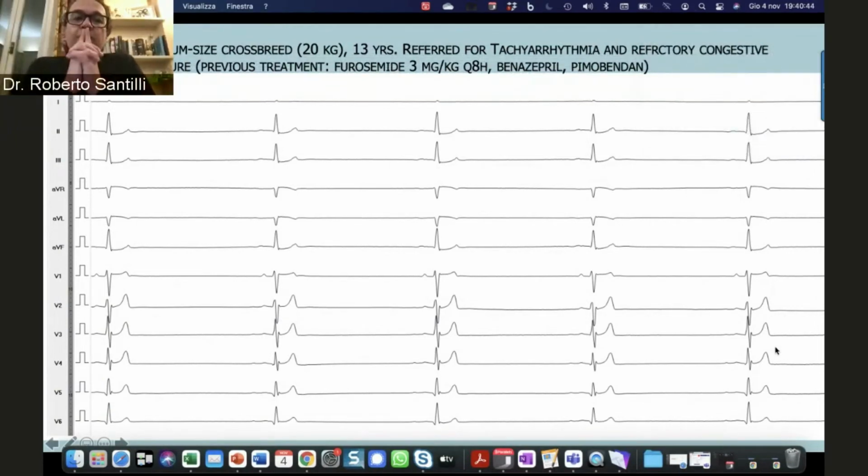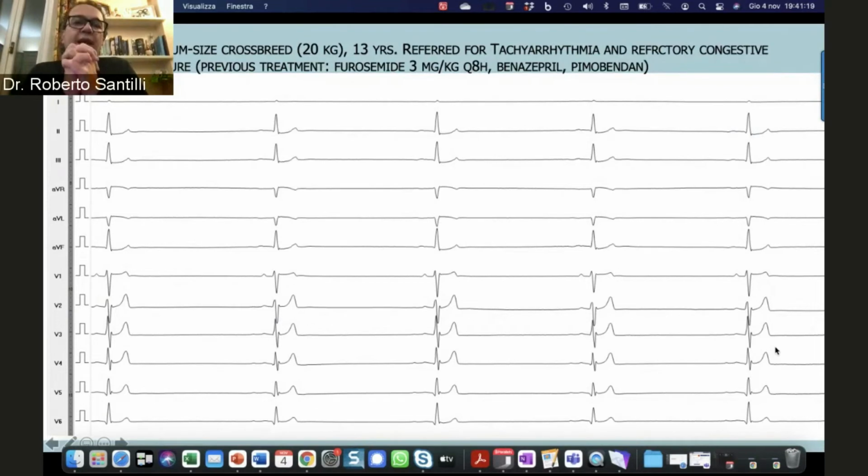Usually we were much more worried about the use of high dose of furosemide in dogs with congestive heart failure. But with several years of experience, we have to say there are some dogs that can develop kidney problems, and the different types of cardiorenal syndrome. But I think that this is not true in most of the dogs.